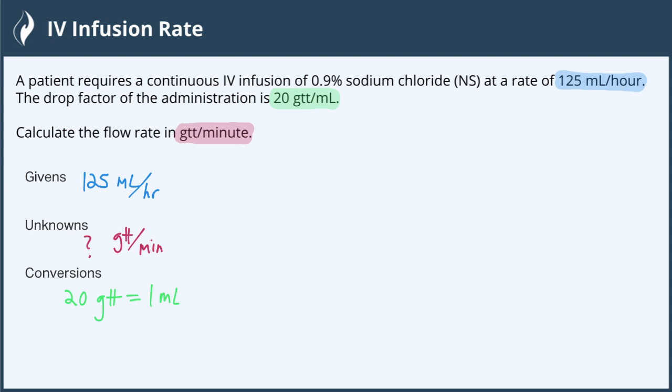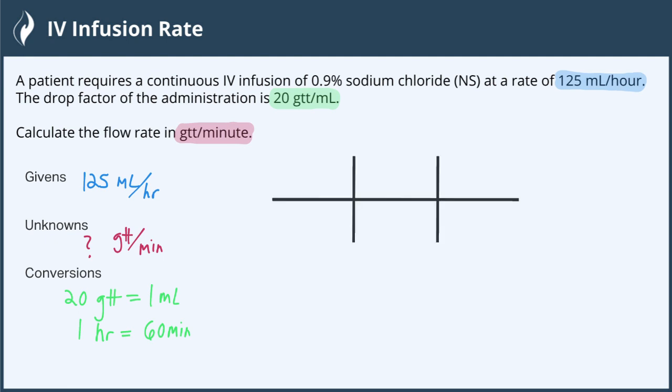Our conversion right now will turn the milliliters into drops, but we still have to turn the hours into minutes. So we are going to need an additional conversion. In this case, it's that 1 hour is equal to 60 minutes. So we know we need 2 conversion rates to get from our given to our unknown.